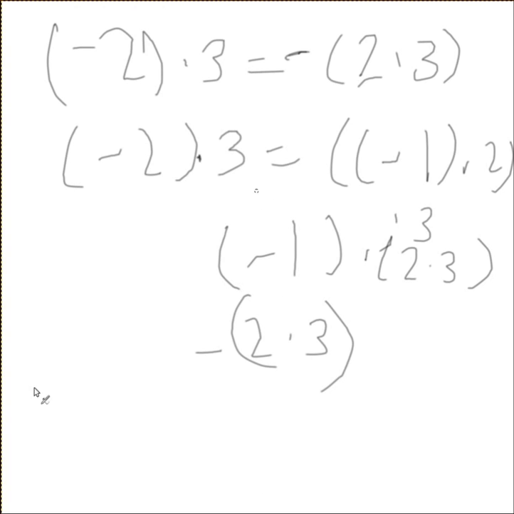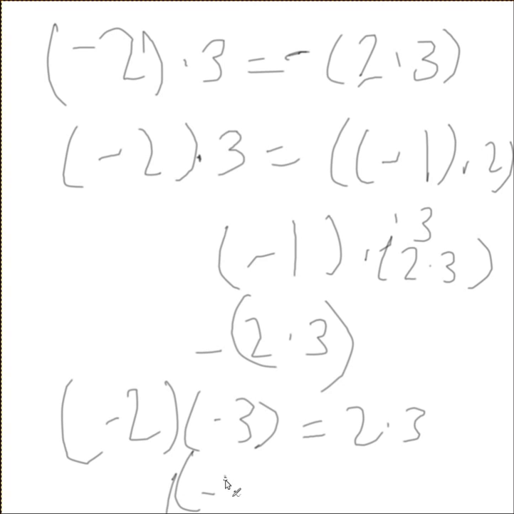And let's use this to figure out something else. If we have negative 2 times negative 3, is that equal to 2 times 3? Let's see. Well, negative 2 times negative 3 can be written as negative 1 times 2 times negative 3.